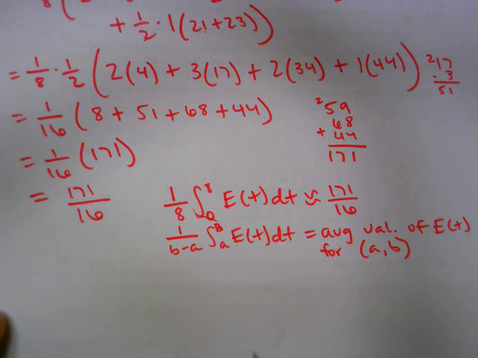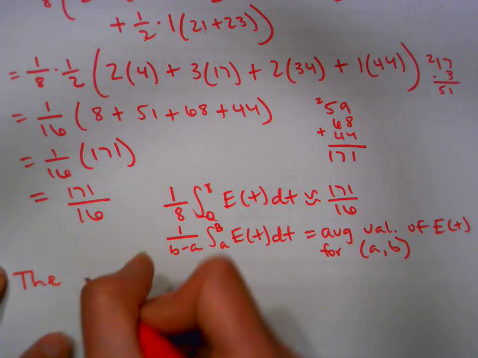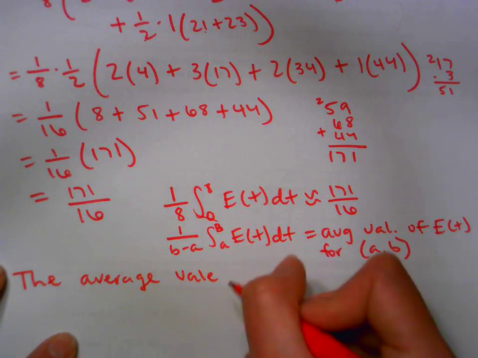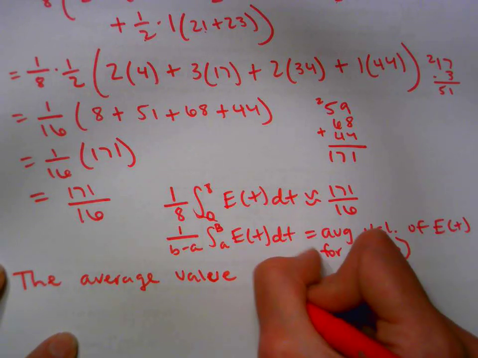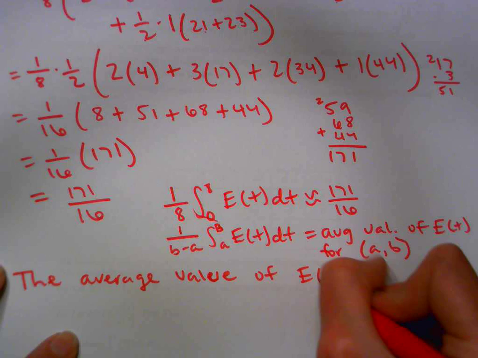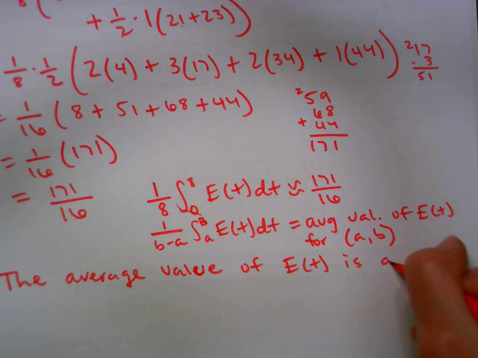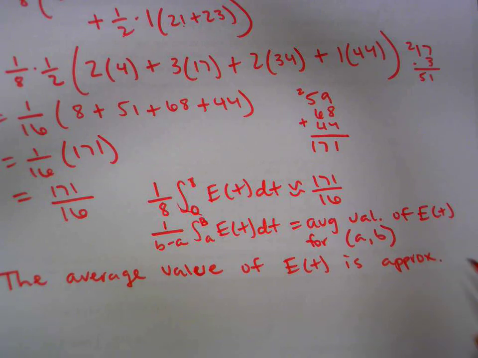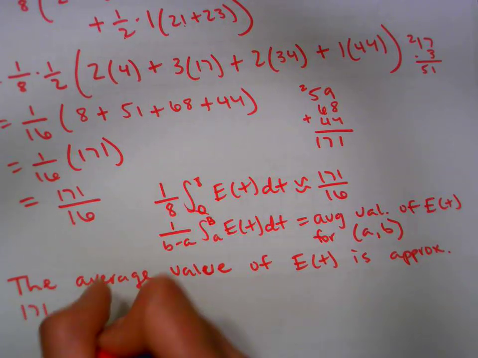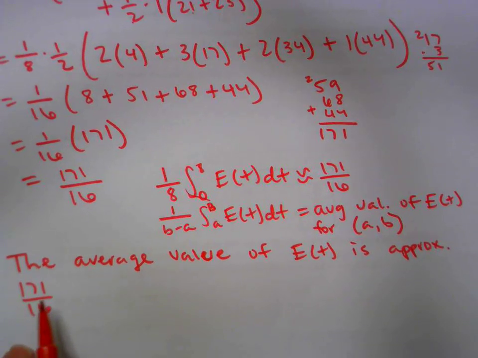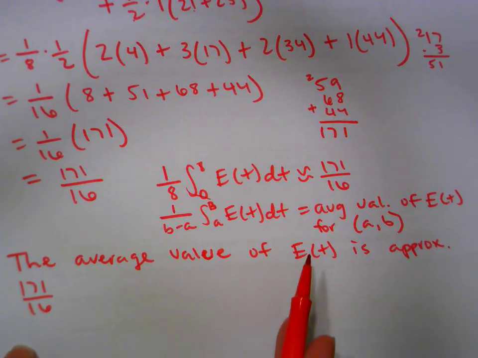So let's put that in a sentence. The average value of E of t is approximately 171/16. Now what are your units? It's the average value of E of t. So what is E of t?